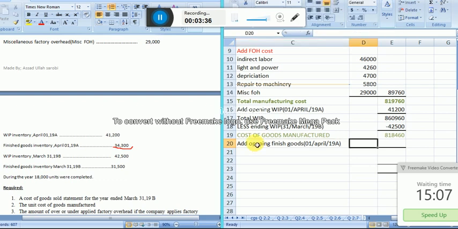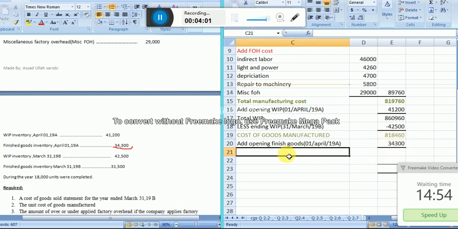How much? That is 34,300. These are the finished goods which are unsold or remain from the previous year. And in this current year, we produced $8,18,460 of finished goods.